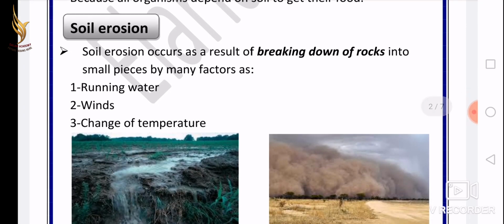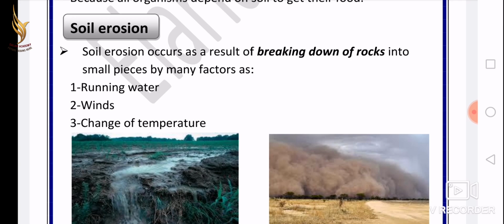Soil erosion. Come, let's learn about soil erosion. Soil erosion means removal of soil by action of natural factors. Okay?